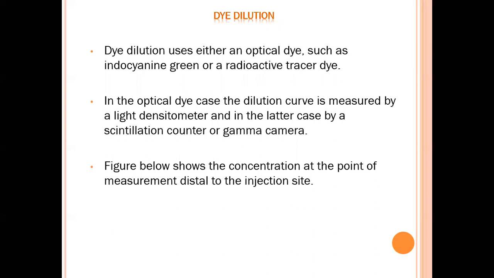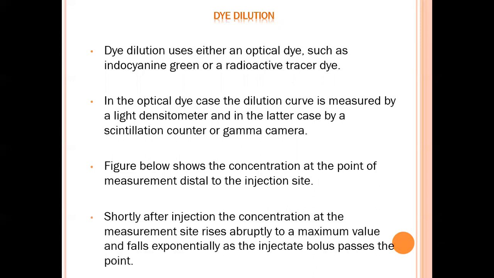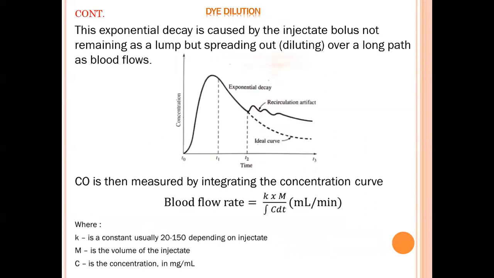So the figure below shows the concentration at the point of measurement distal to the injection site. Shortly after injection, the concentration at the measurement site rises abruptly to a maximum value and falls exponentially as the injected bolus passes the point, as can be seen on the diagram.